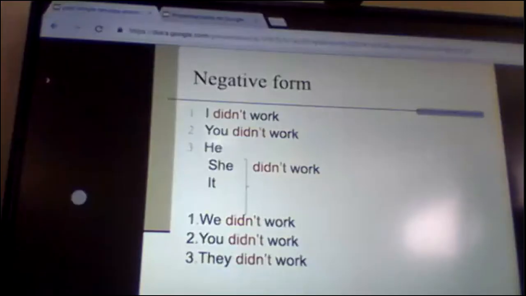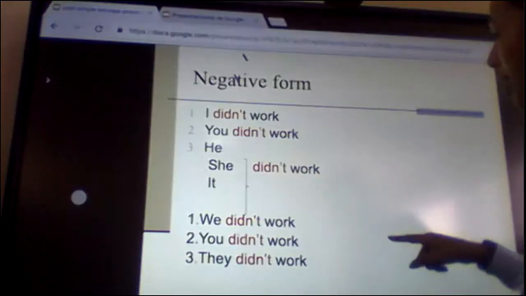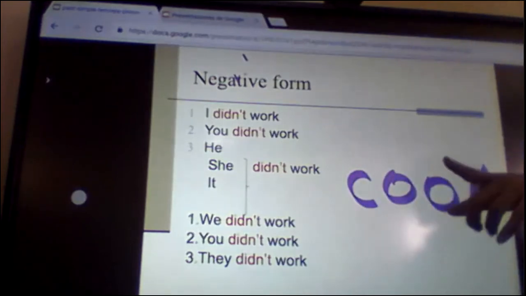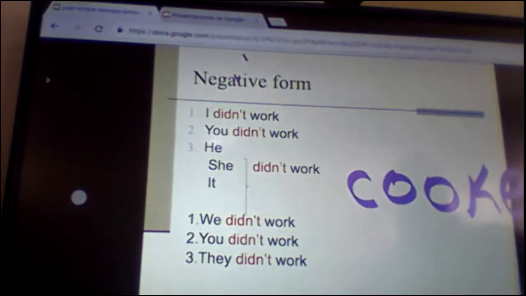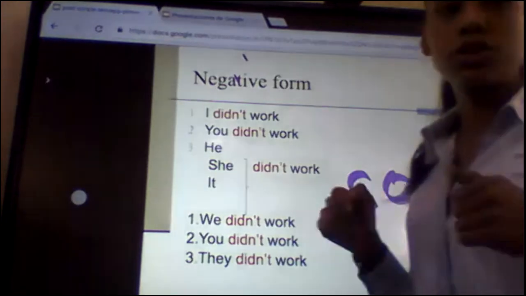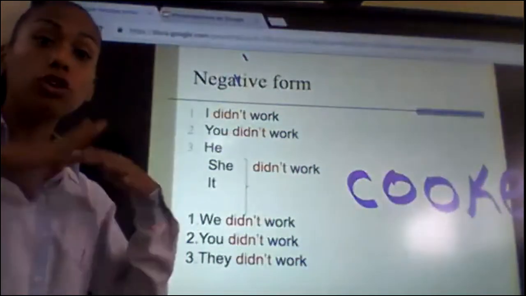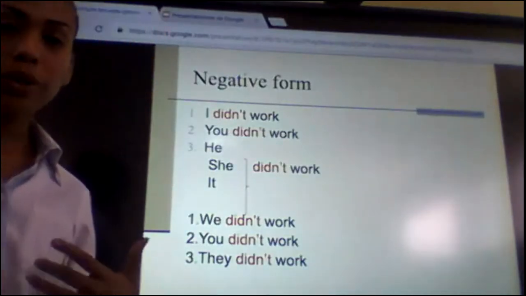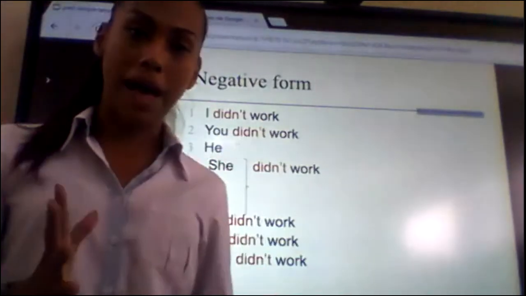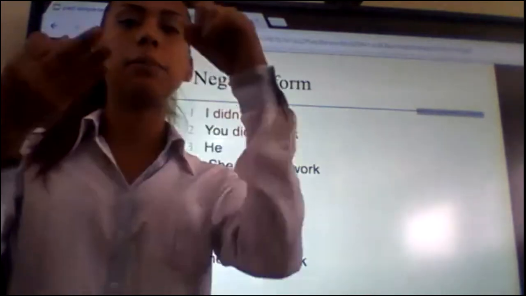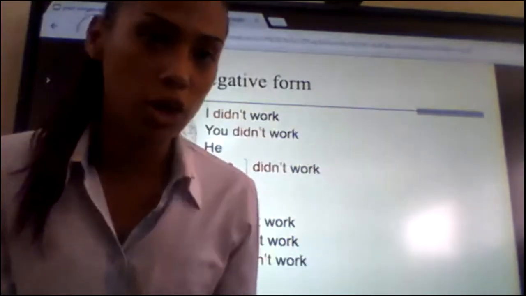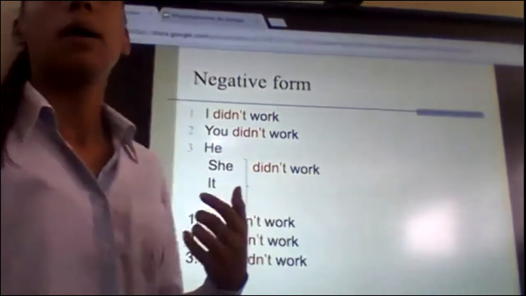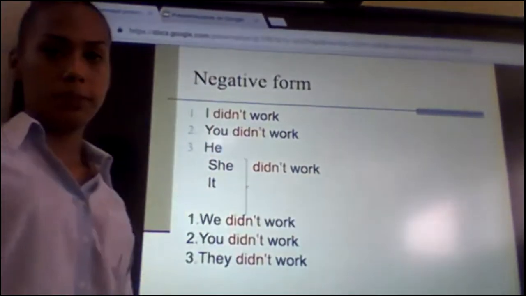Sorry, I'm learning to manage this, okay? Okay, so we have cook, and then we add ed at the end in order to make it past. If we don't do that, of course, that's not going to show that our action is in past. Cook, study, play, or any other will be, of course, part of these regular verbs.